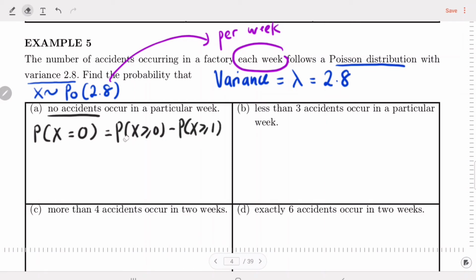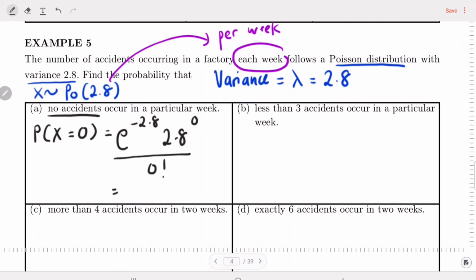But you can also use the Poisson distribution formula, which is e to the power of negative lambda, lambda to the power of x divided by x factorial, which will give you the answer of 0.0608.